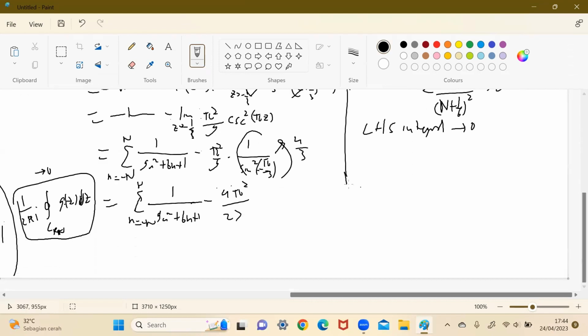So now, if we were to write it down in full, the integral of CRN g(z) dz is equal to the summation of this.